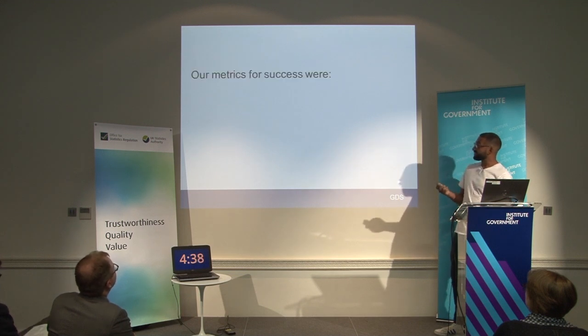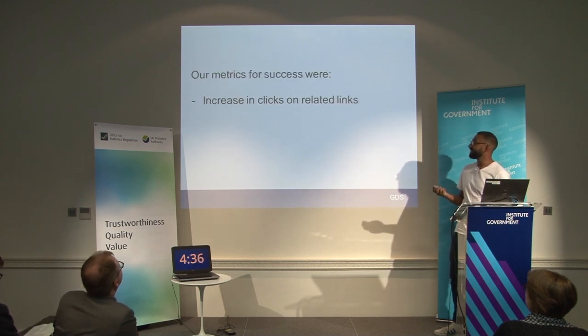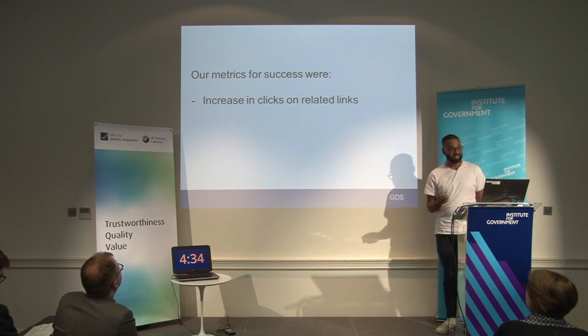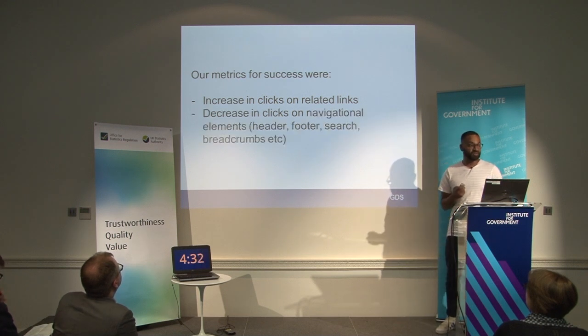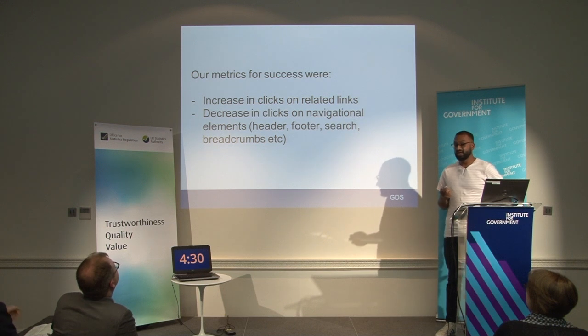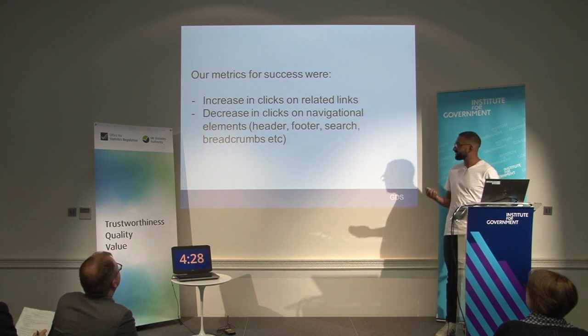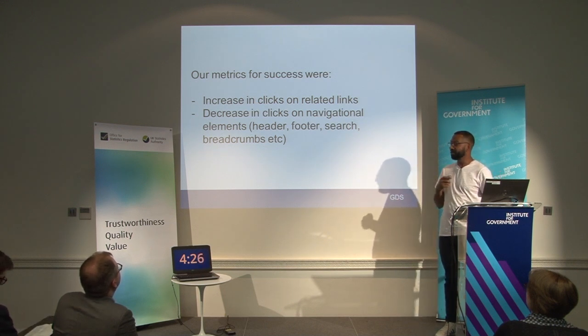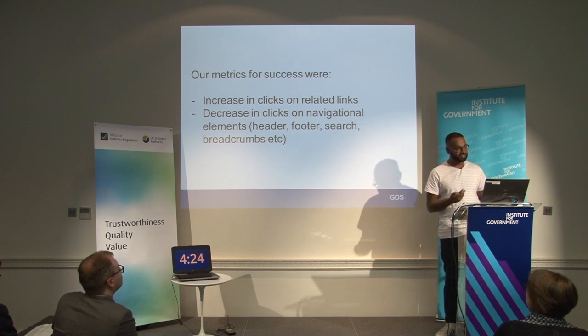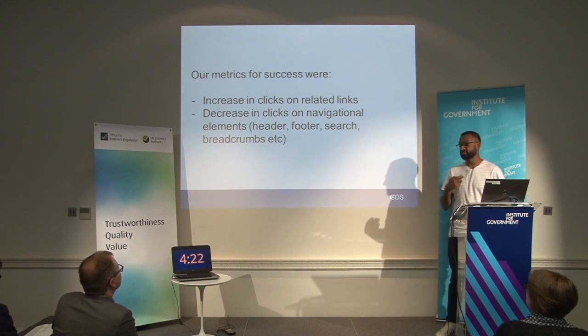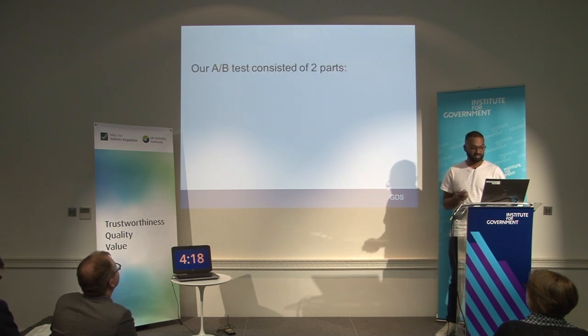Our metrics for success were an increase in clicks on related links and a decrease in clicks on navigational elements. We say a decrease in clicks because navigational elements are signs that a user may be lost or trying to orientate themselves.